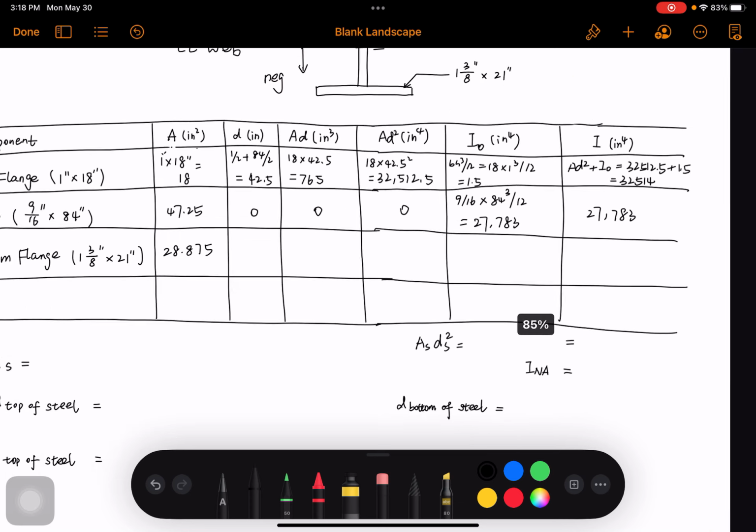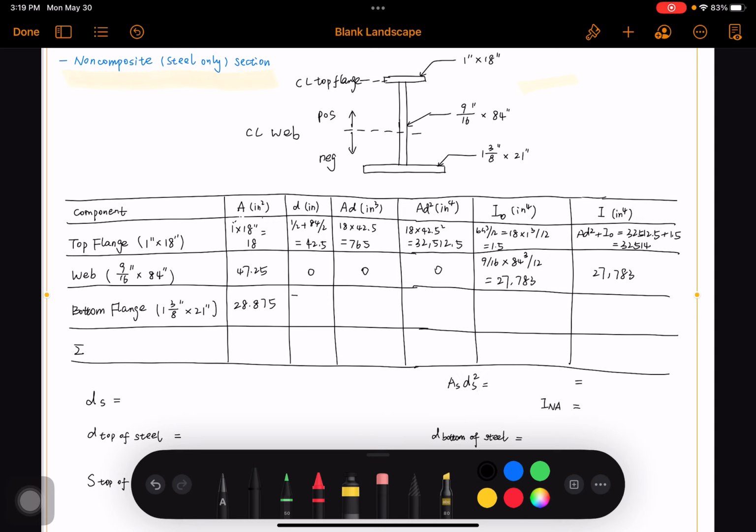It's equal to negative 84 inches divided by 2, which is half of the web depth, plus 1.375 inches divided by 2, which is half the thickness of the bottom flange, and we'll get negative 42.69.